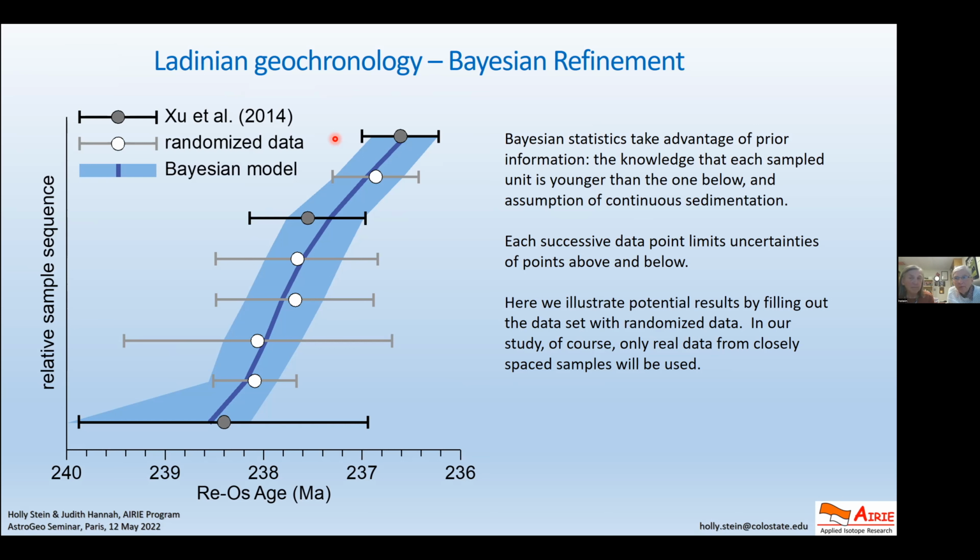And I emphasize too that we're going to be working as a team on sections that may be of more interest. I also want to be sure that people realize that it's not going to be perfect in everything we look at, but we're going to find those really good intervals and then, as Judy said, closely space them apart, analyze in between and create what the figure shows here.